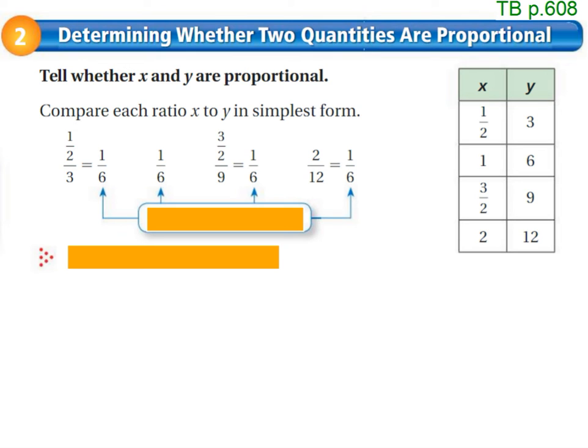Okay, another example. Tell whether x and y are proportional. So in this one, we have the graph over here where it gives the value of x to the value of y. So the first ratio is 1/2 to 3. When I simplify that, I get the ratio of 1 to 6.